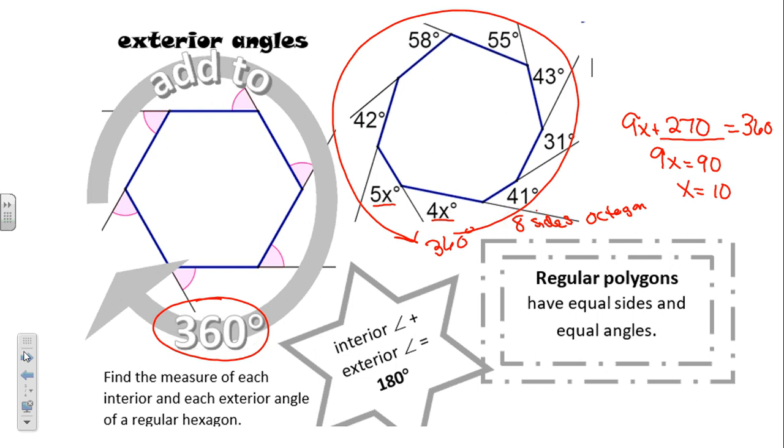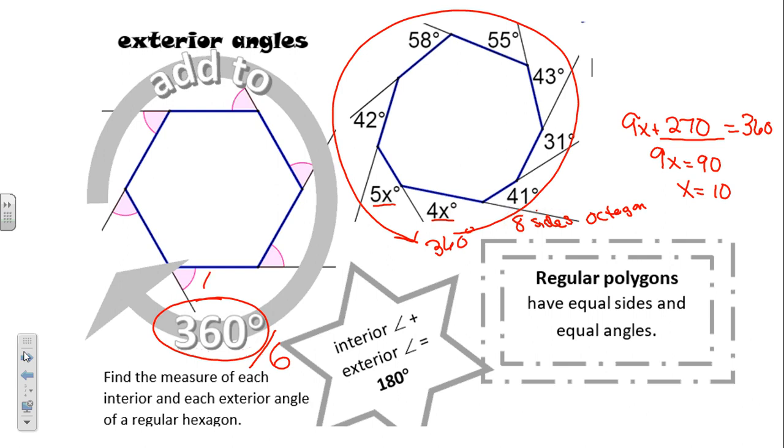Okay. So one thing to remember then, if we have, how many sides is this one? 6-sided. If we have a hexagon, once we find an interior angle or an exterior angle, the interior plus the exterior always add to 180. So do you want to find interior or exterior? Exterior is easy, isn't it? If we take 360 and we divide that by 6, what do we get? 60.